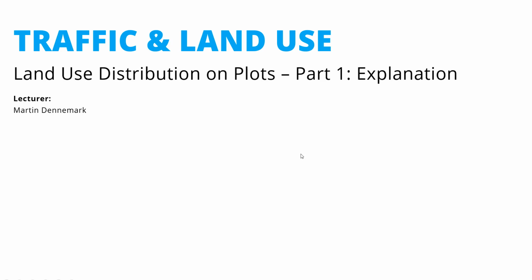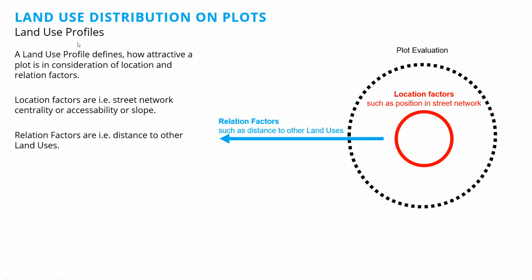And we will distribute the land uses with land use profiles, and they will define how attractive a plot is for the land use, and this is dependent on different factors.